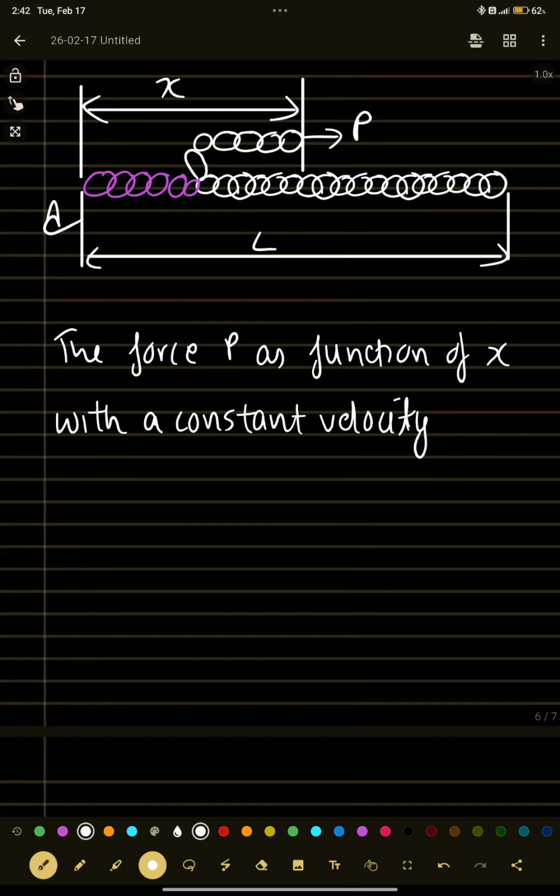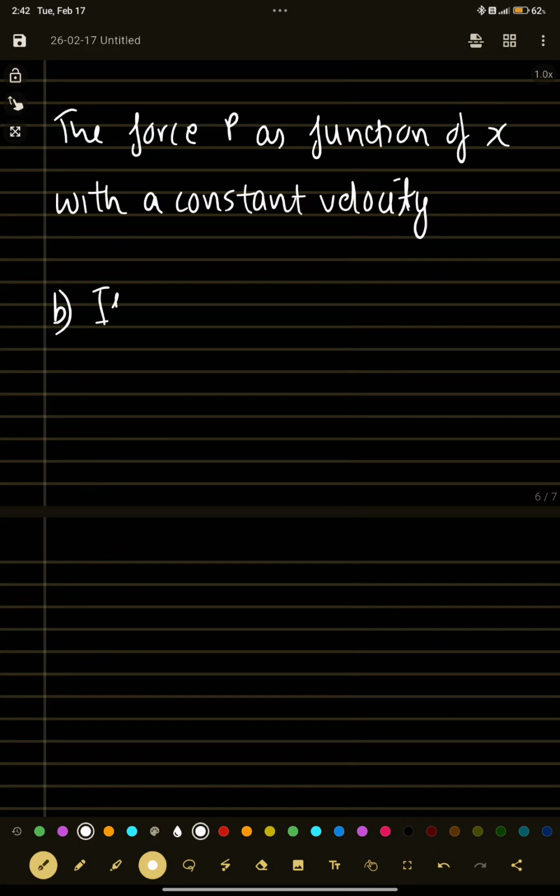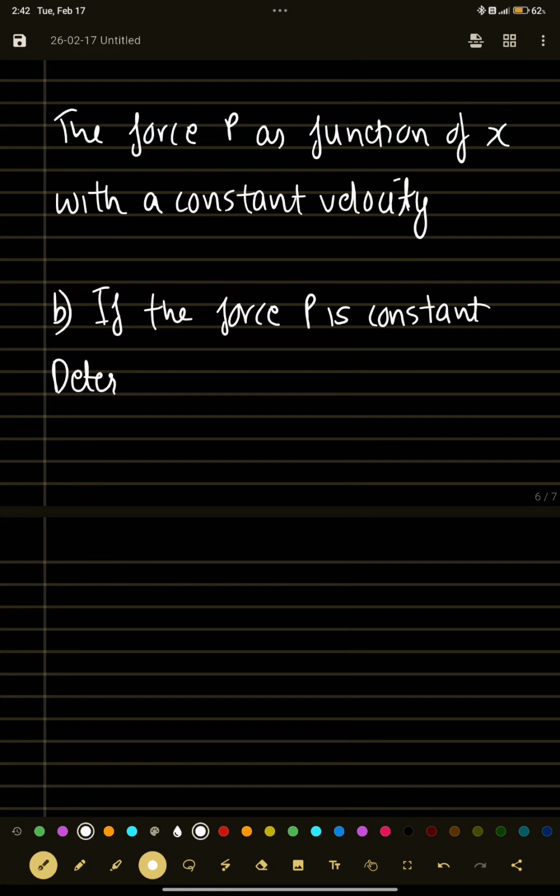And the second part B, if the force P is constant, determine the velocity of the chain as a function of x. In the first case, you had constant velocity of the chain. In the second case, P is constant.